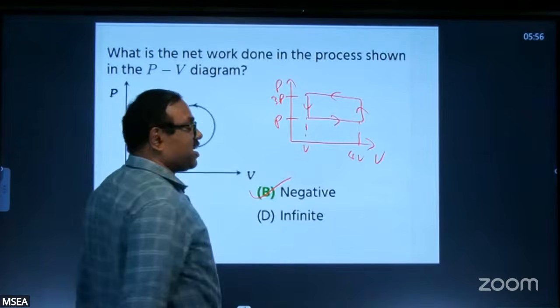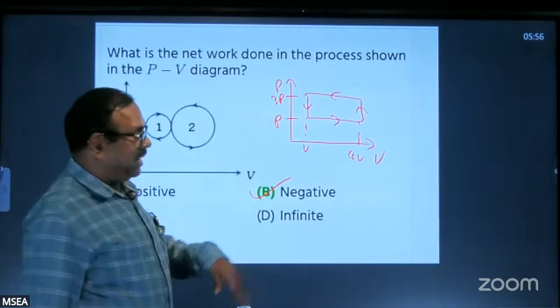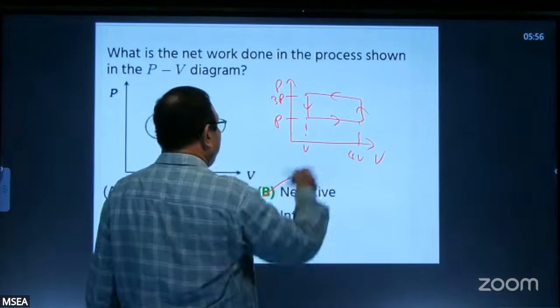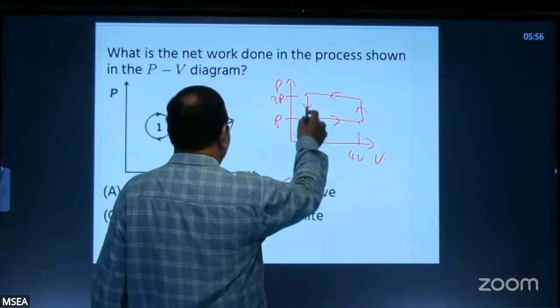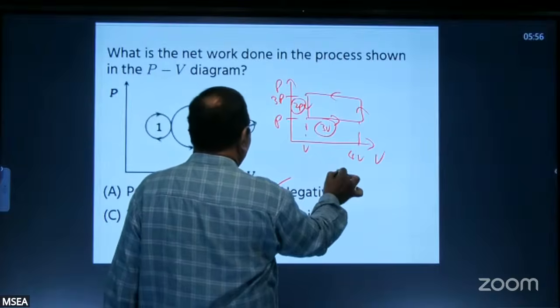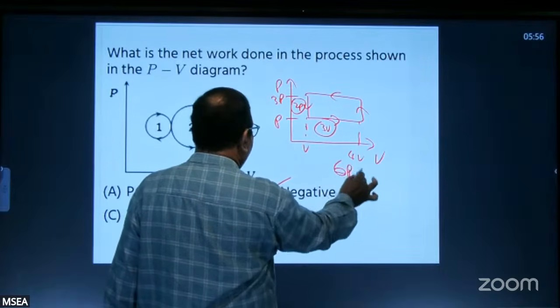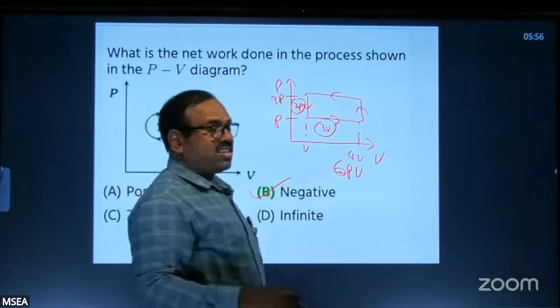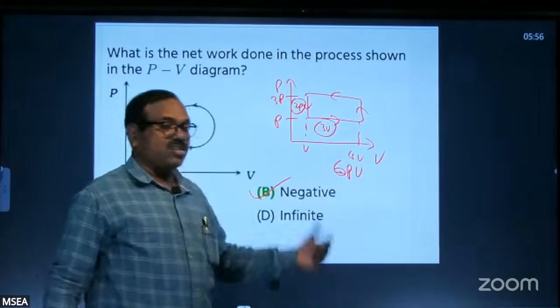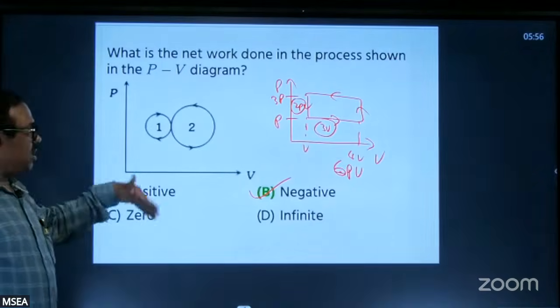Area of PV graph gives work done, only PV graph, not PT, not VT. So this is 2P, and this is 3V. Total becomes 2P into 3V, which is 6PV. As it is anti-clockwise, we take it as negative. So remember this is work done.